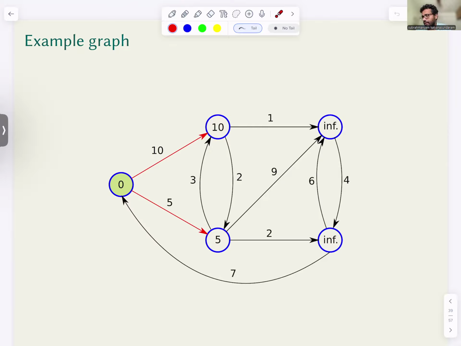And now we do extract minimum again. This vertex will be DQ'd because 5 is smaller than 10. Now when 5 is DQ'd, it has three neighbors: this one, this one, and this one. In fact, all the other three vertices are its neighbors. So which vertices will get updated? How many vertices will get updated with the D value?